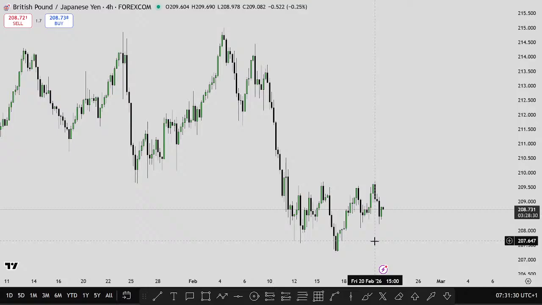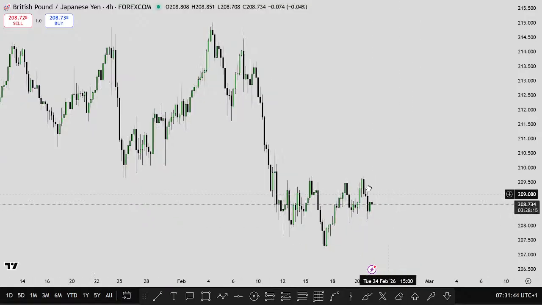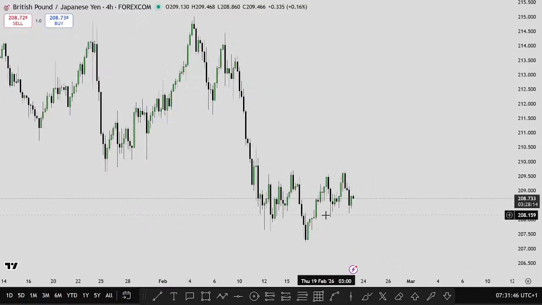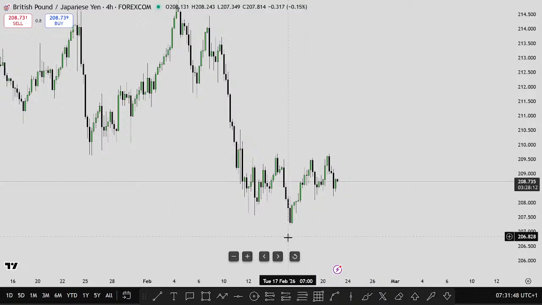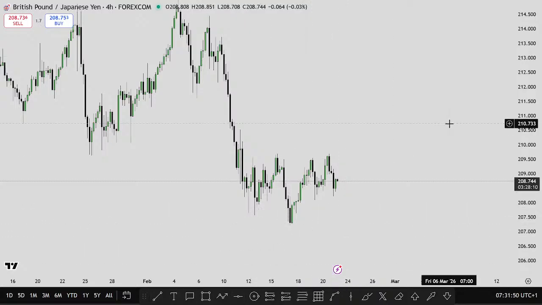Now this is GBP JPY, and for GBP JPY, let's see what's going on. So this is GBP JPY. Last breaker structure on GBP JPY was here.